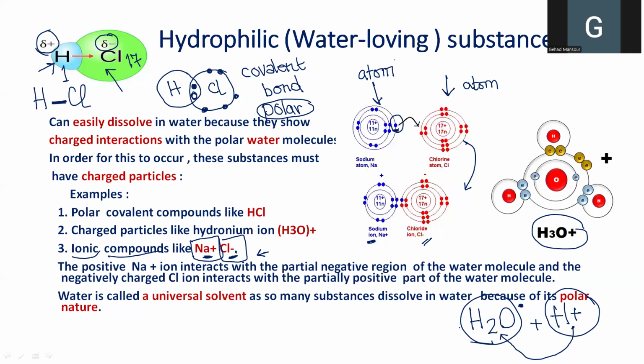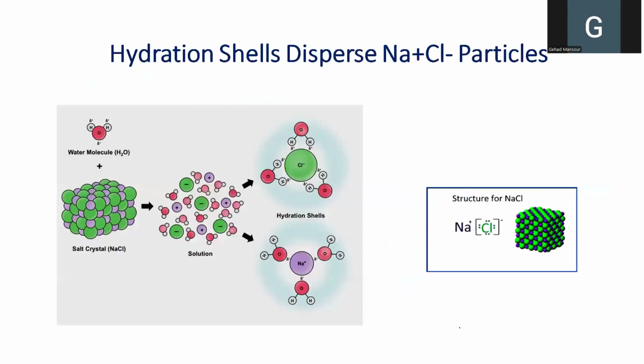And we will see how sodium chloride, being an ionic compound, is capable of dissolving in water, or in other words, how water helps dissolution of sodium chloride, even if sodium chloride is present in the form of a salt crystal, in the form of a crystalline substance.